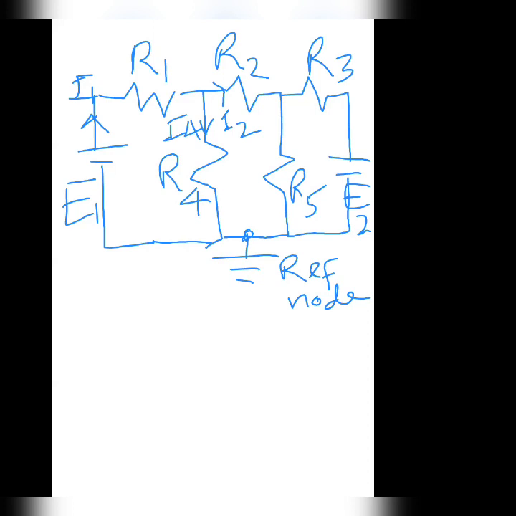Okay, now this voltage source is having this positive terminal, so you can take this current as I3, and this is taken as I5. Okay, so these are the node current distribution is taking place.